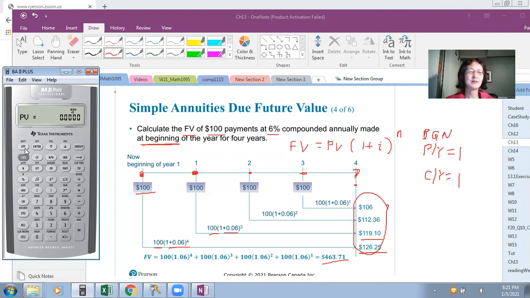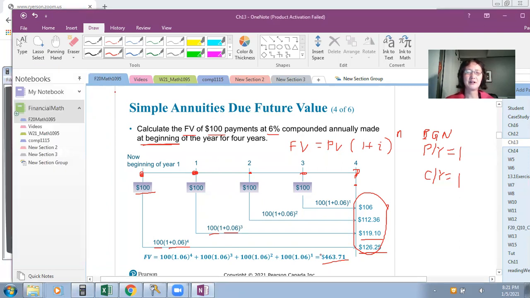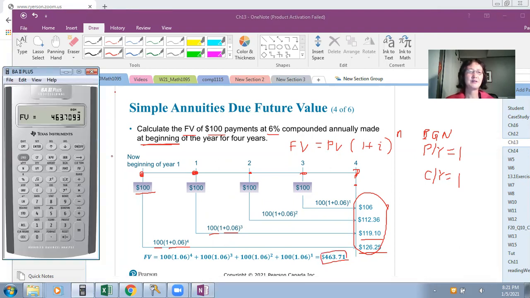Last step, compute FV, and you get this number. Agree with this number here, $463.71. So this is the calculator method.